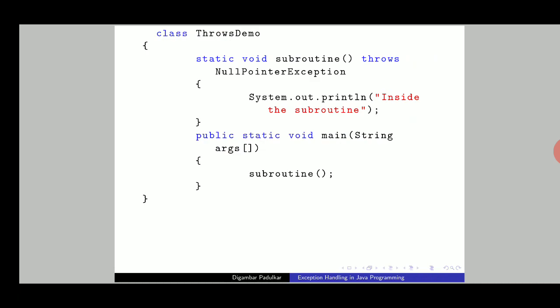This method throws a null pointer exception, and the same method we invoked in the main method, and this method throws an exception, that is, throws the exception that is called NullPointerException.